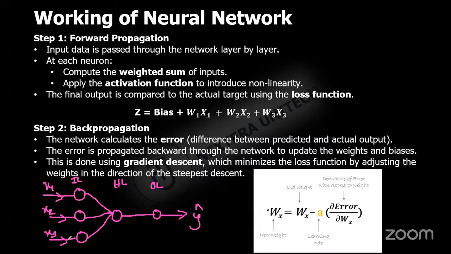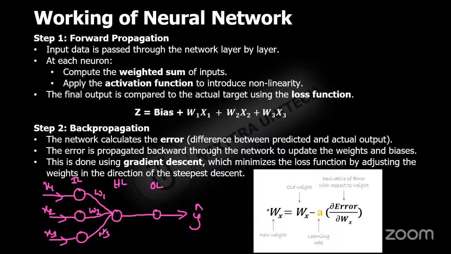We pass the values of our data one by one, and the weights get assigned randomly. W1, W2, W3. The input data that we pass through the input layer nodes gets multiplied with the weights that get assigned randomly.